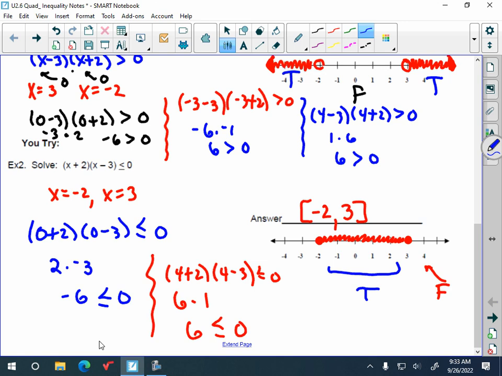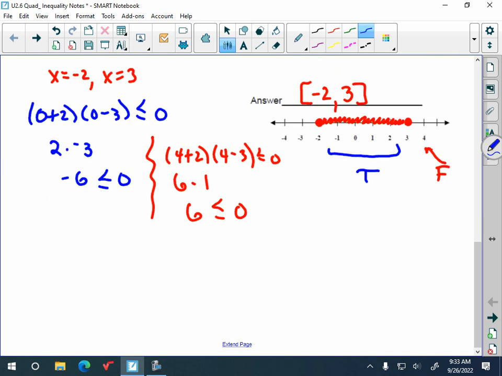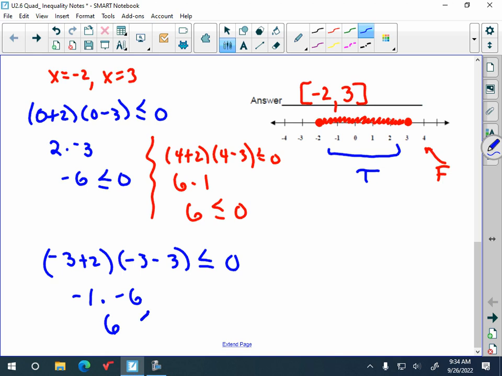Negative 3, okay. So let's see. Negative 3 plus 2 times negative 3 minus 3. And I got true. So negative 1 times negative 6 is 6. So is 6 smaller than 0? That's false. Okay.